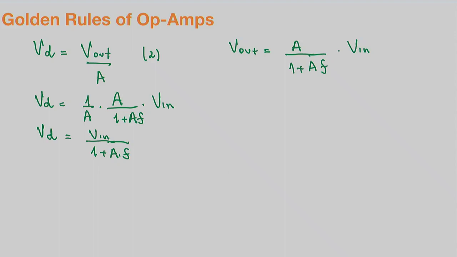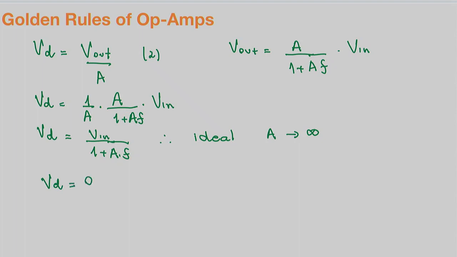If we have an ideal operational amplifier, what's A? Infinite. If A is infinite, what happens to VD? 0.